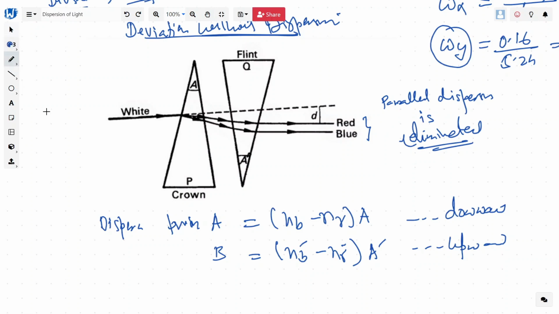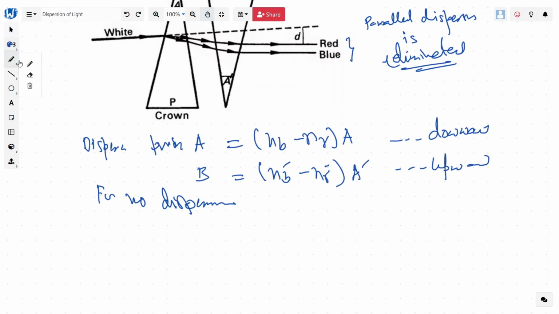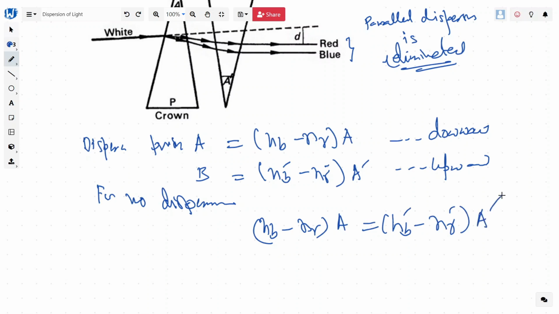For no dispersion, this has to cancel out. One is downward and one is upward, so they have to be equal. So we say (nB minus nR) A should be equal to (nB' minus nR') A'.